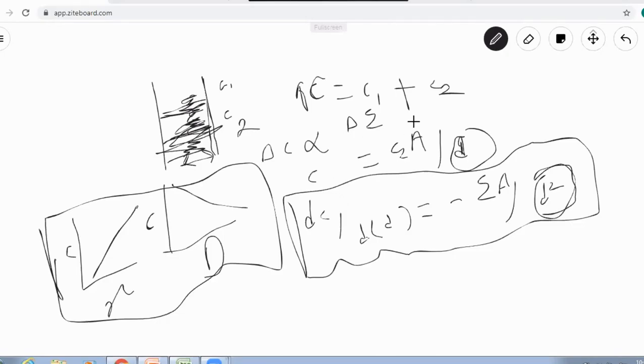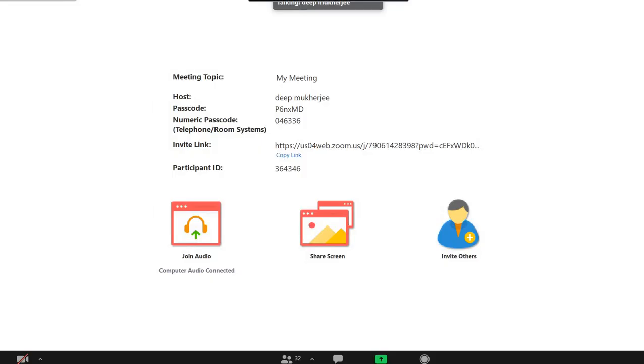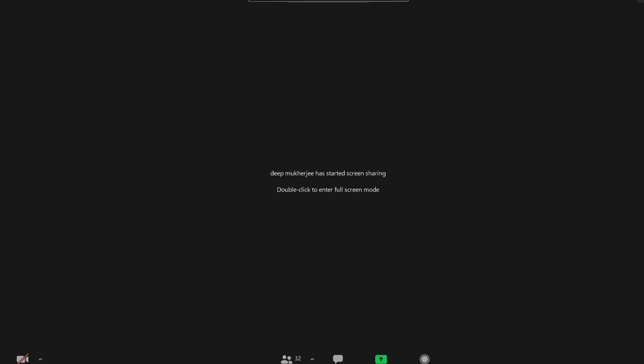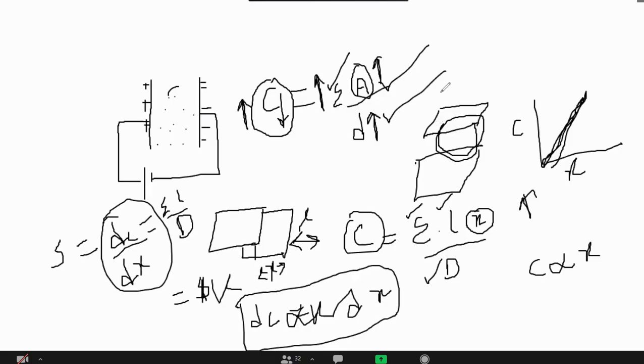Fine. Now the next thing is, suppose there is some practical setup, some practical arrangement. That is a differential arrangement. Differential arrangement means that you have to derive the value of the capacitance and calculate the value of the output voltage.